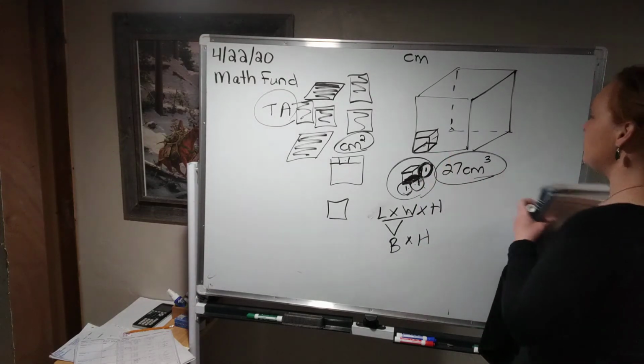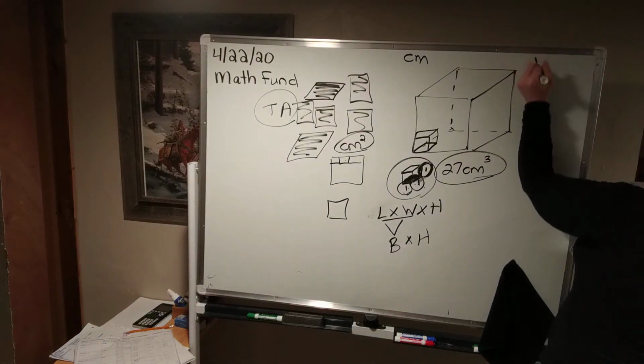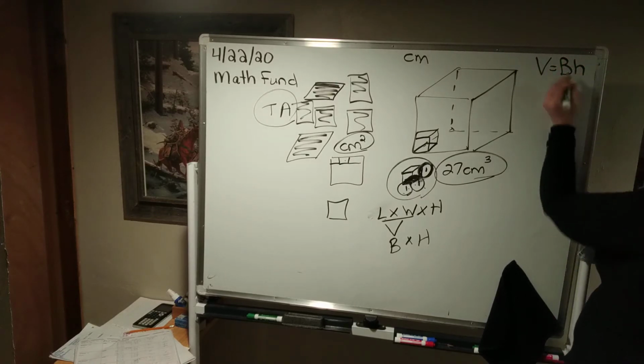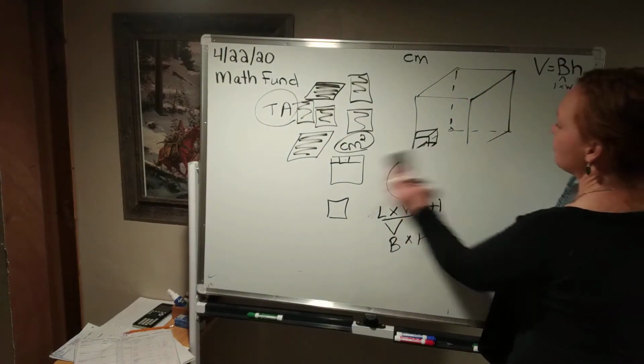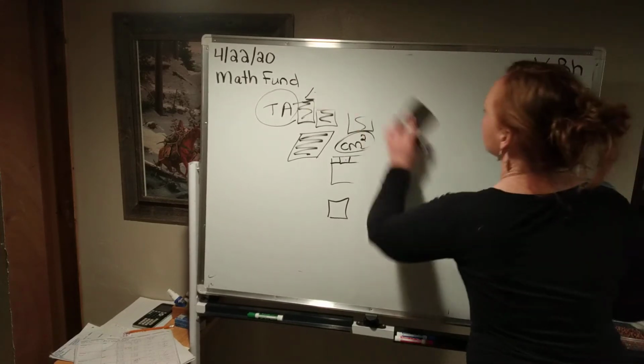So the formula for finding the volume of a prism is the volume equals the base times the height. And we have to remember that the base is just the length times the width. Okay? So now that we've gone over that, I'm sure you remember this from previous lessons, what volume is.